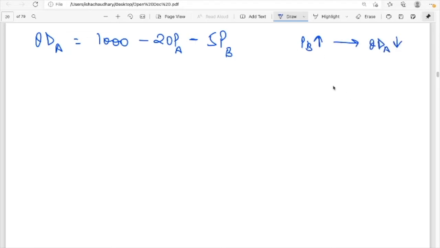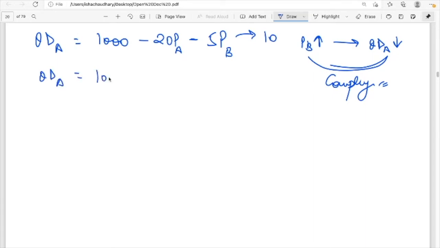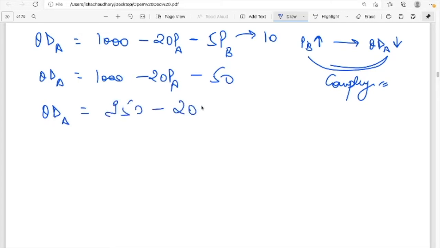This happens only when the goods are complementary, because when the price of your complementary good increases, the quantity demanded for your product decreases. Now let's assume the price of product B is 10. So QDA equals 1000 minus 20 PA minus 5 into 10, which is 50. I get an altogether different demand function, 950 minus 20 PA.